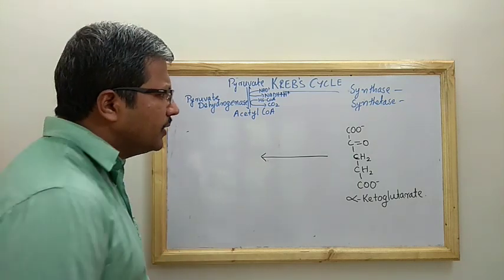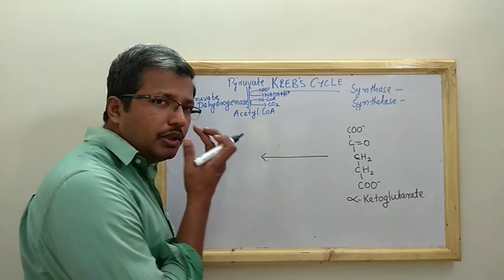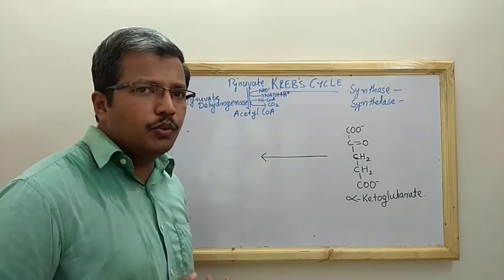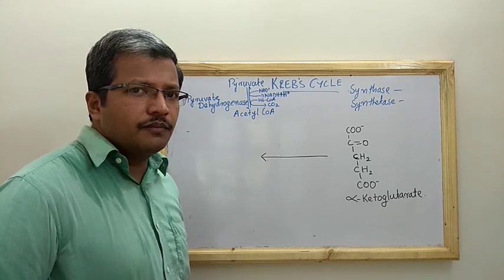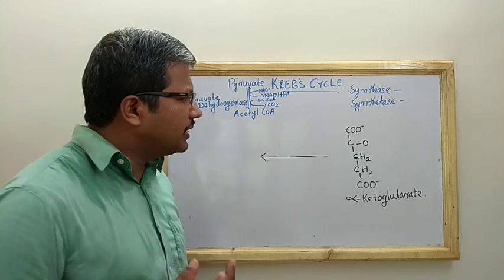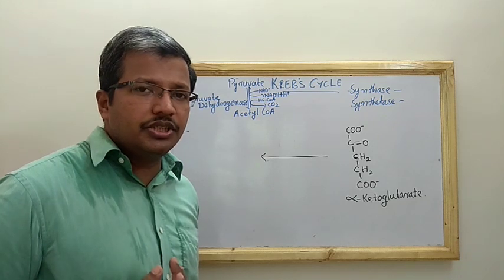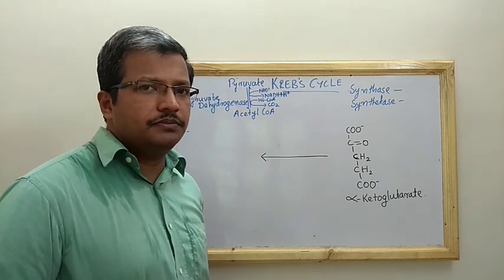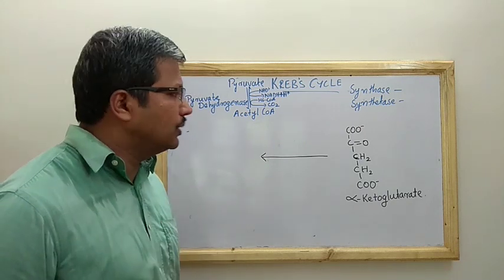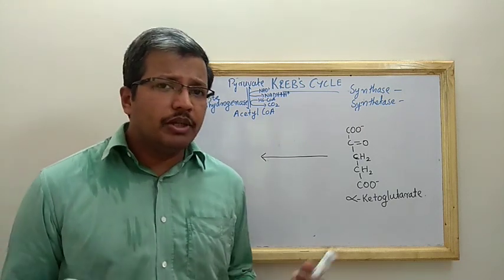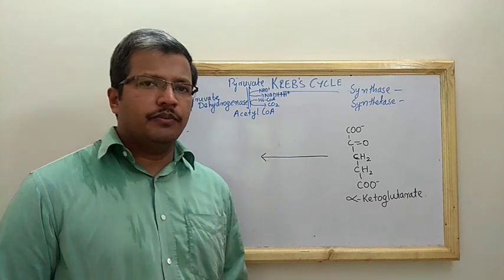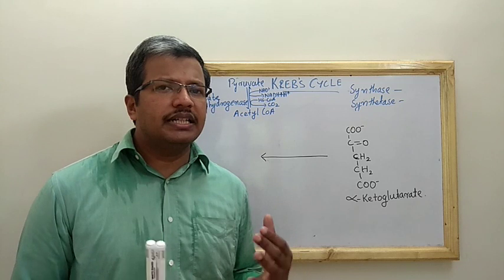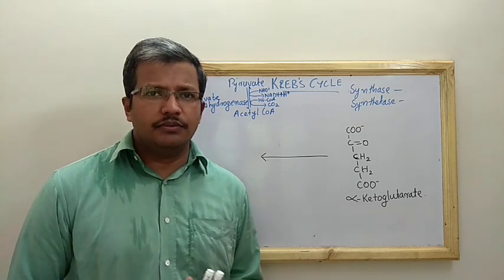So carbon dioxide will be removed, and at the same time, what will be removed? It will be undergoing the reduction oxidation process. H plus and electrons will be removed. And who will be the cleaver? That is the question. Who will be cleaving this particular molecule? It is nothing but the HSCoA. So here HSCoA is involved.